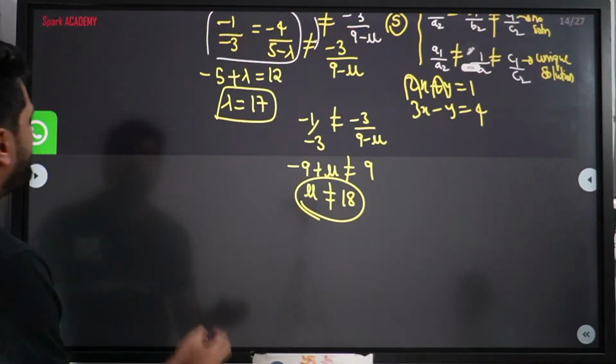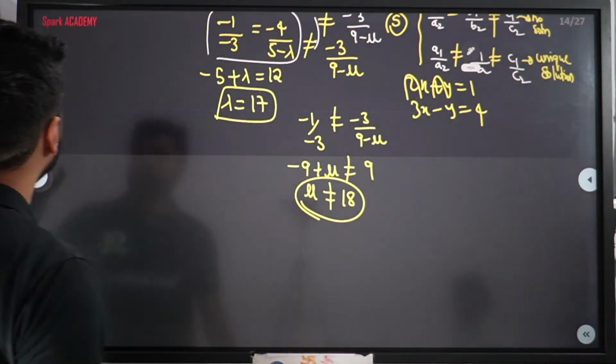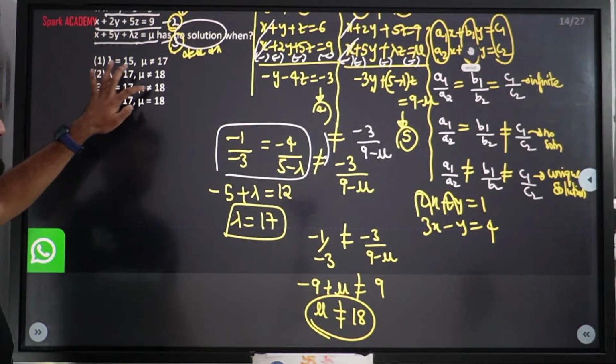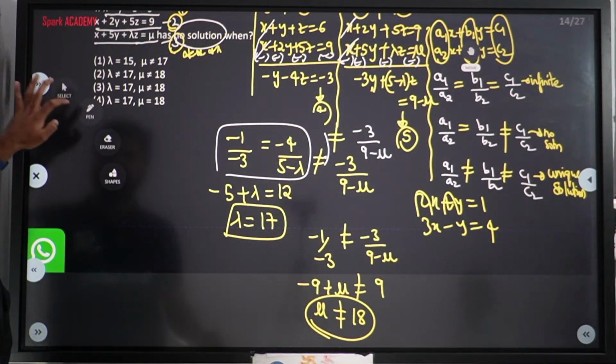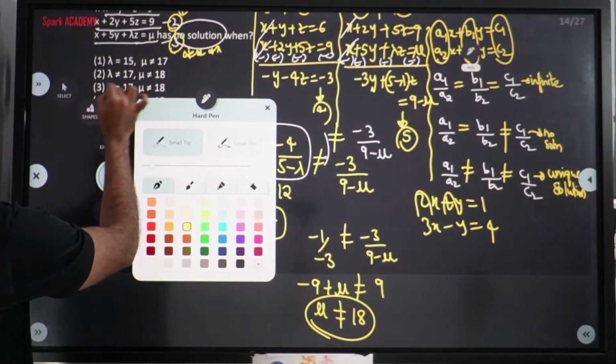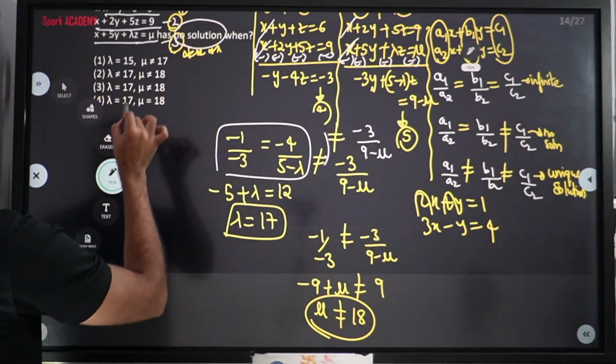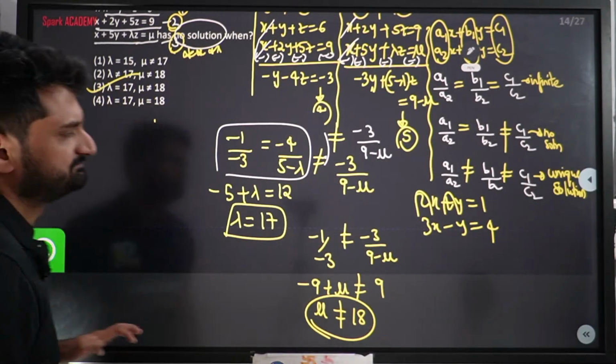That means lambda should be equal to 17, mu shouldn't be equal to 18. The option is lambda 17, mu shouldn't be equal to 18, which is the third option. Third option is the final answer.